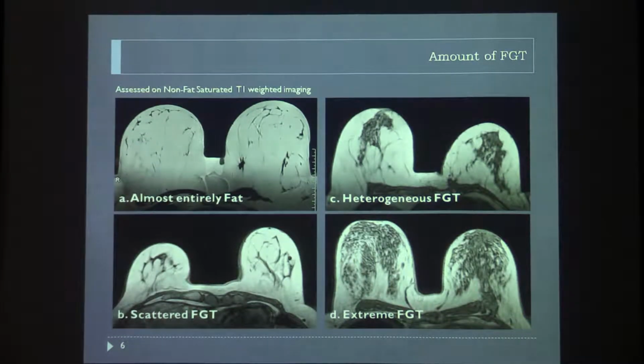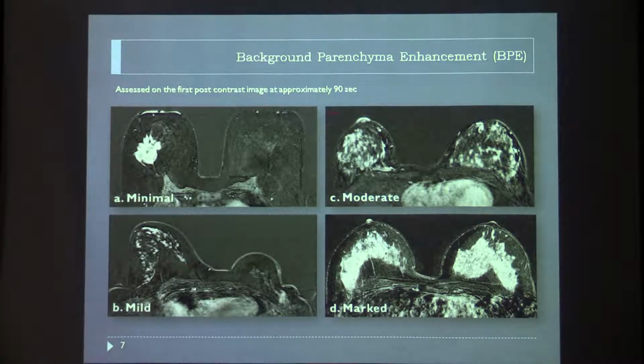So, for example, here you have almost entirely fat, type A, scattered fibroglandular tissue, type B, heterogeneous, type C, and extreme, type D. For the background parenchymal enhancement, here is a huge cancer, but the enhancement is minimal, type A here, mild, type B here, moderate, type C, and marked, type D.